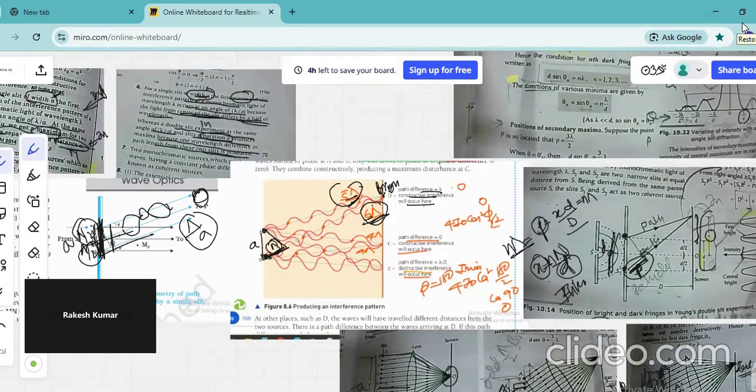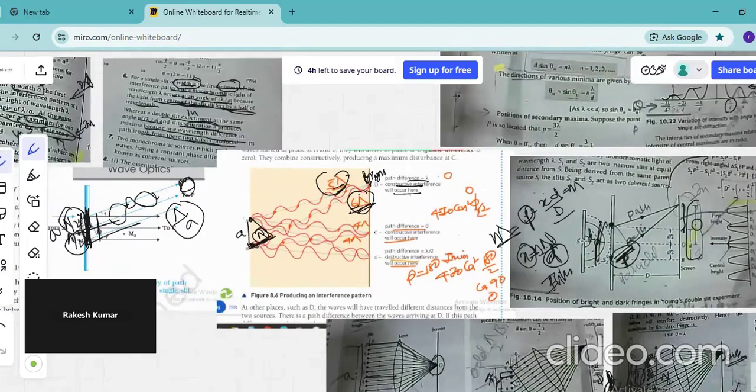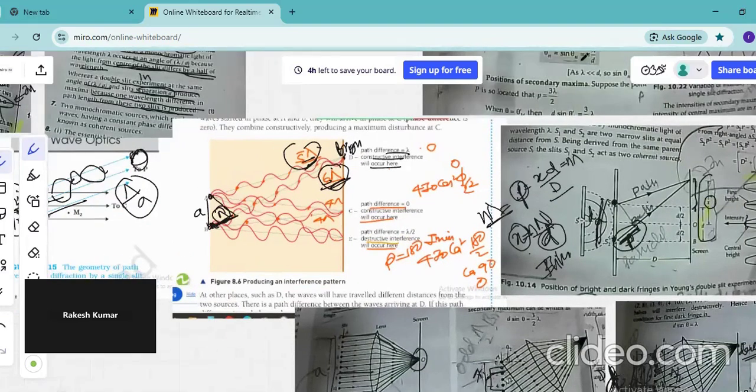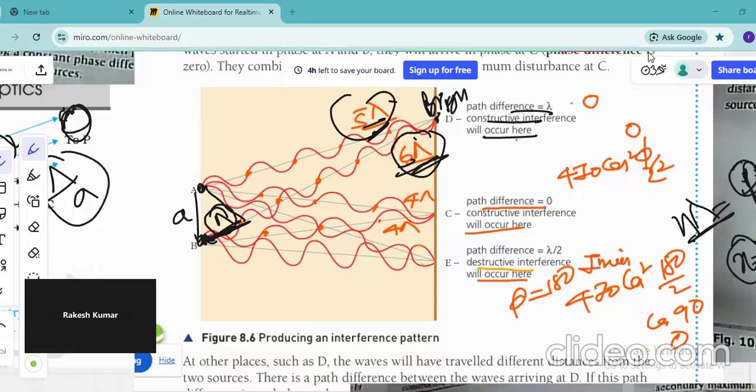Here it's in phase. So please see the comparison of all of this. In the interference pattern, if there's a difference of lambda by 2, it is destructive because they are out of phase. One wave is coming like this, the other wave lambda by 2 means 180 degrees out of phase, they destroy, it becomes flat.